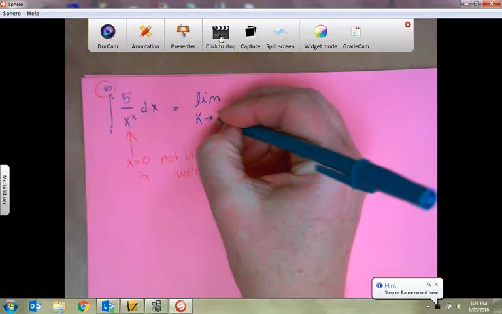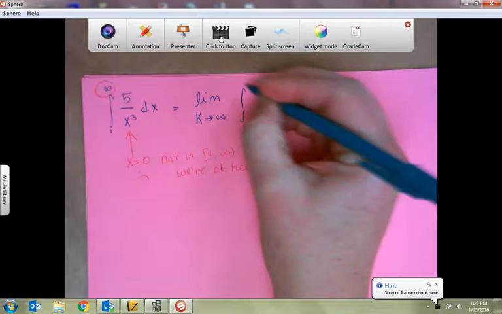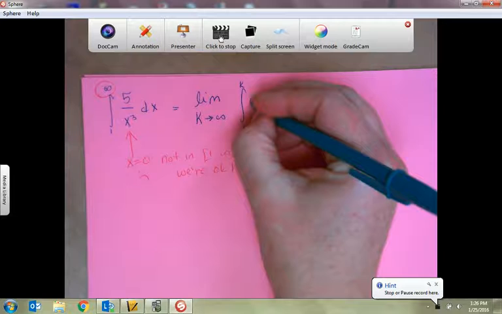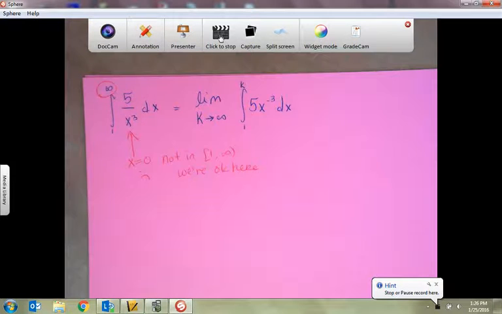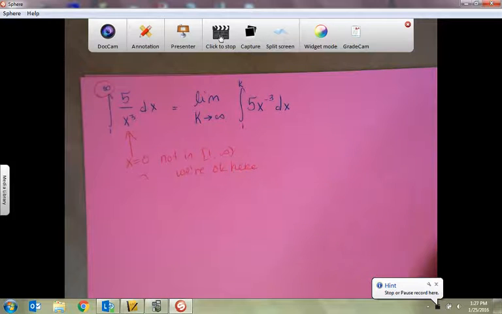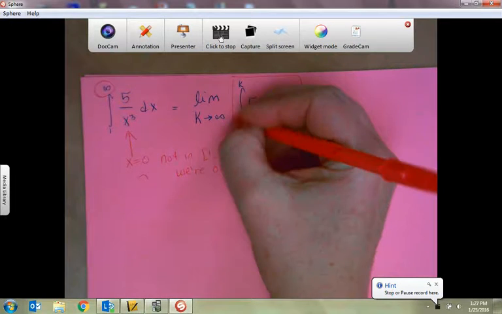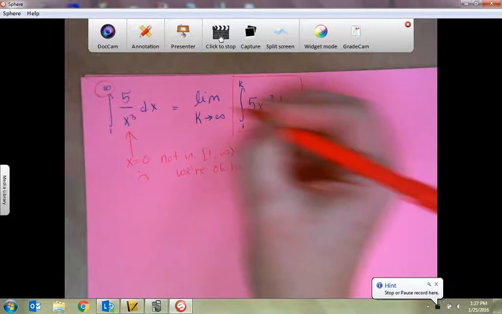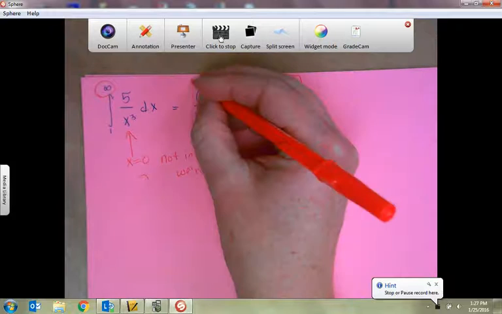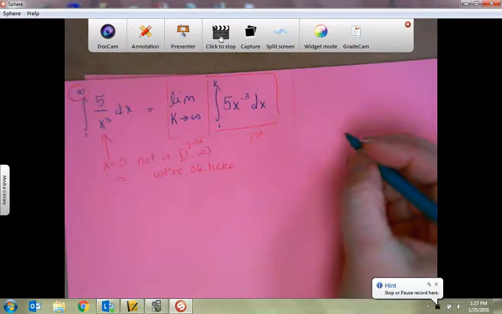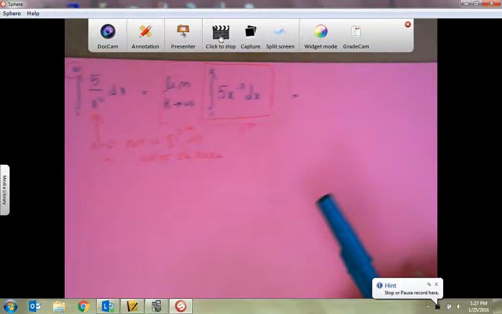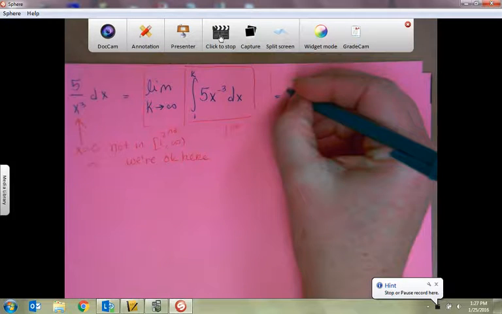So let's do our integral, keeping the limit attached. I did my antiderivative, now evaluated from 1 to k, and the limit is still continuing, and now I'm going to evaluate my k and my 1.